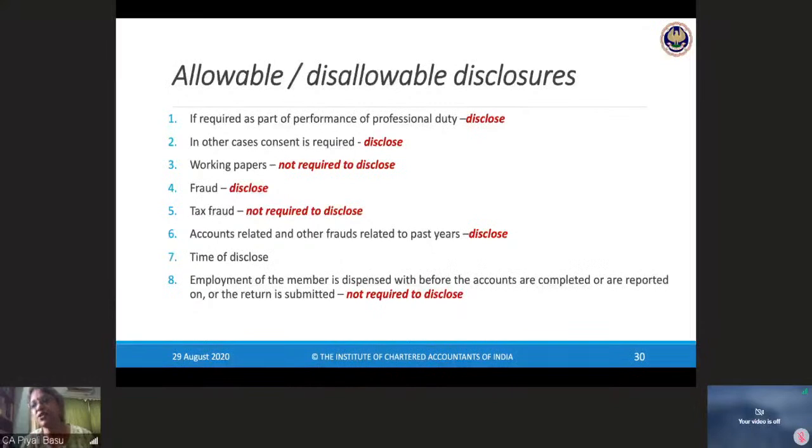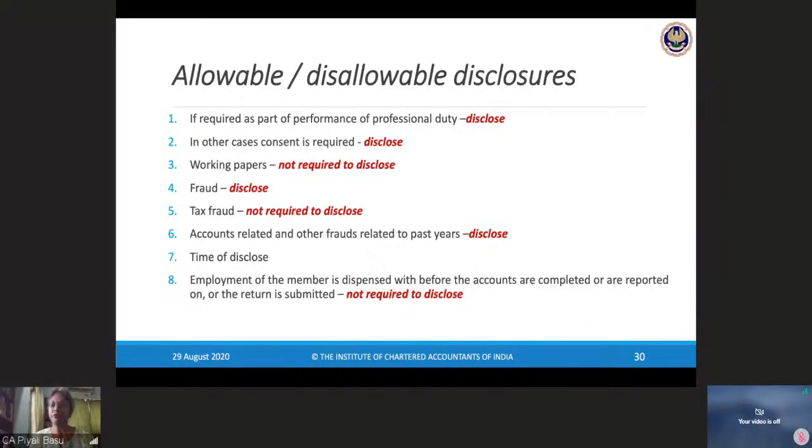Unless you see that such fraud will prejudice the recovery of tax, because this company is disposing of its assets, and if you do not disclose, there wouldn't be enough money. They may become insolvent later on, and the income tax authority will not be able to recover such tax.